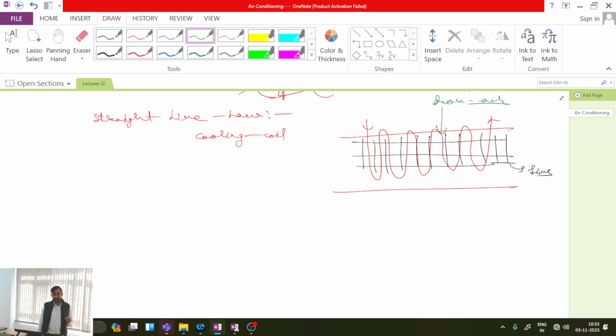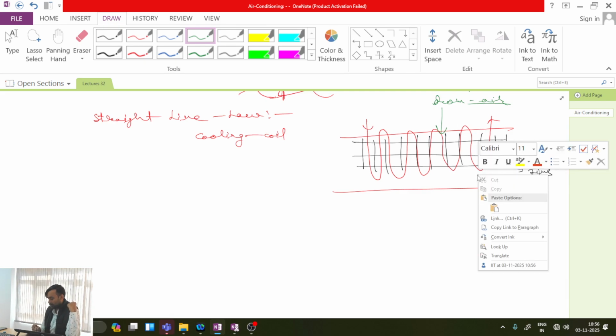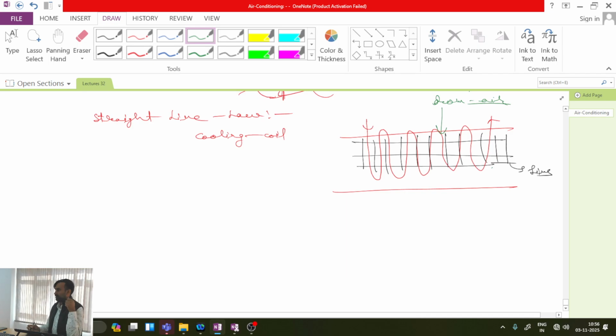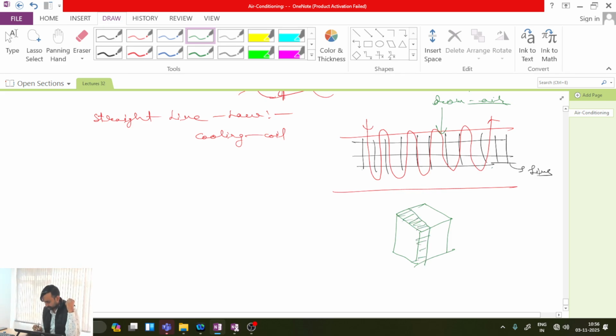Now let us understand one very important principle. Let us consider the cooling coil and all its fin structure; say this is my duct, and in this duct, this is the portion of the cooling coil and its fins.